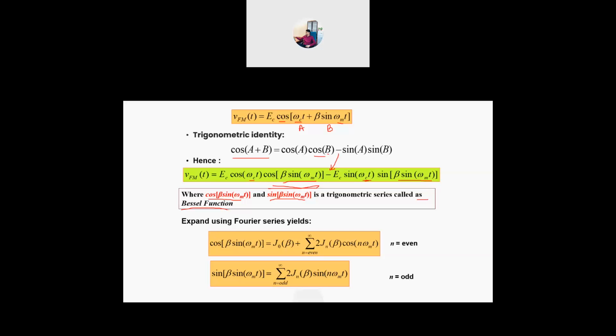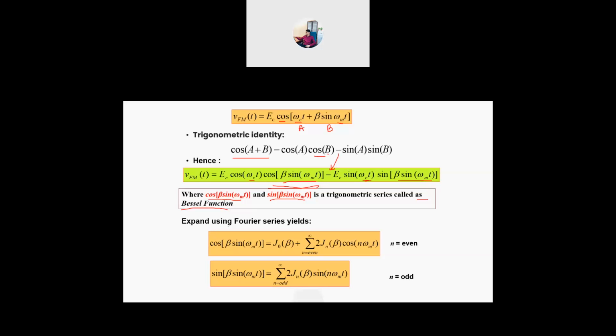You can see the modulation index beta, also called mf. If beta is 0.25, the coefficient J naught equals 0.98, and you only have the first sideband. Don't worry, we will go through this Bessel function later on.